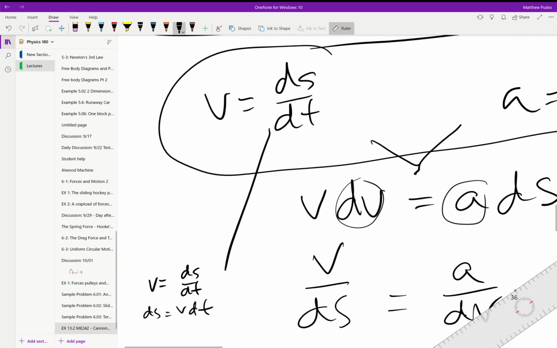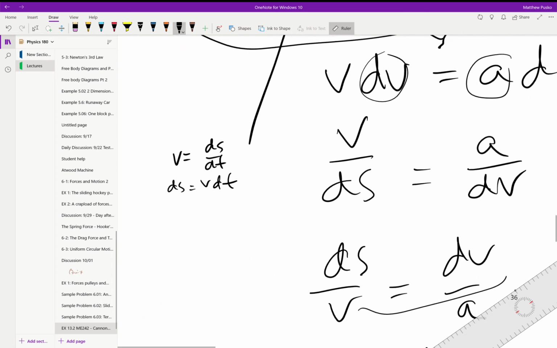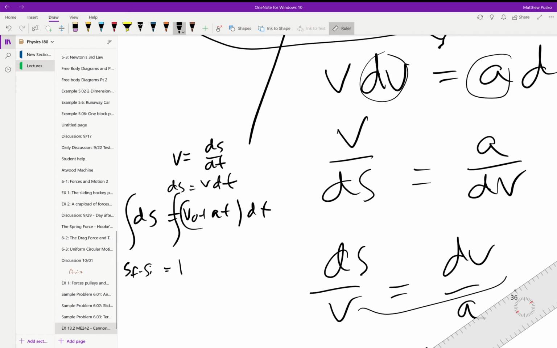If I take that and plug it in here for v naught plus acceleration times time, all times dt, and integrated this, that's when we got s final minus s initial is equal to the initial velocity times time plus 1/2 acceleration times time squared.